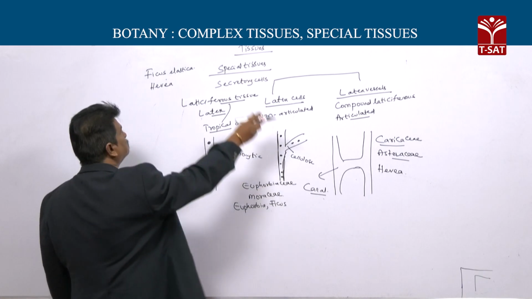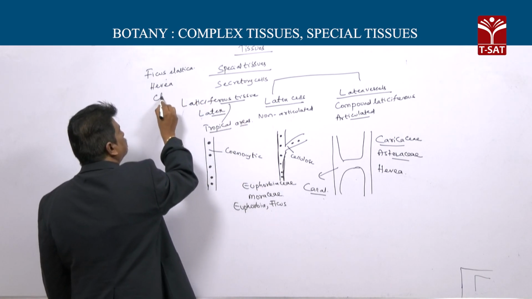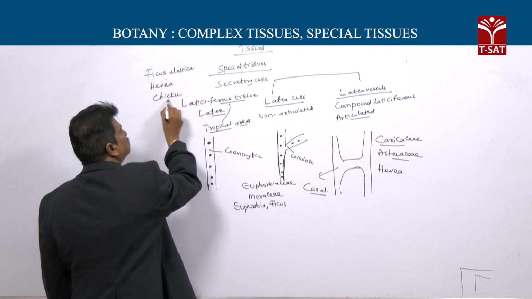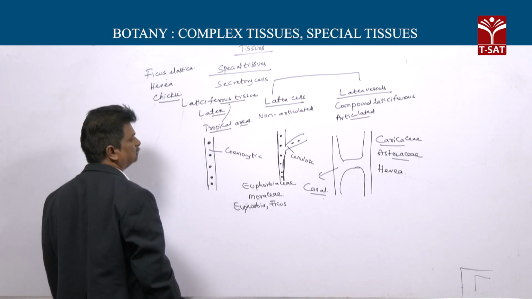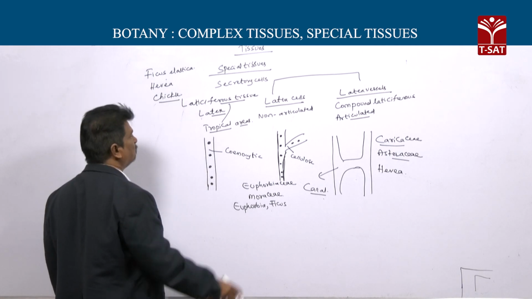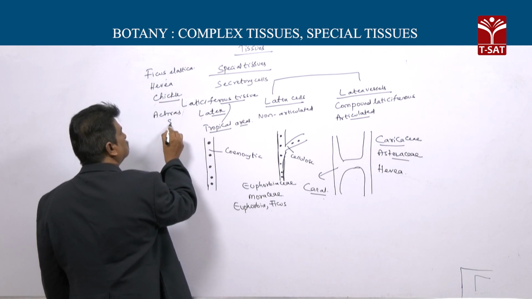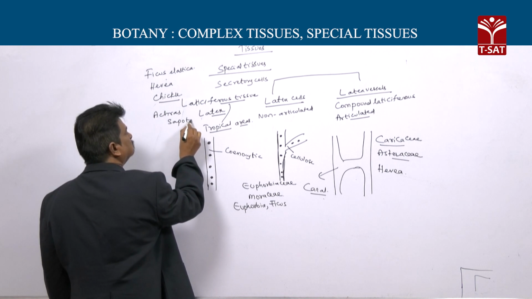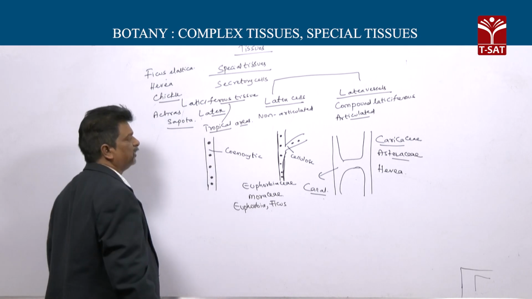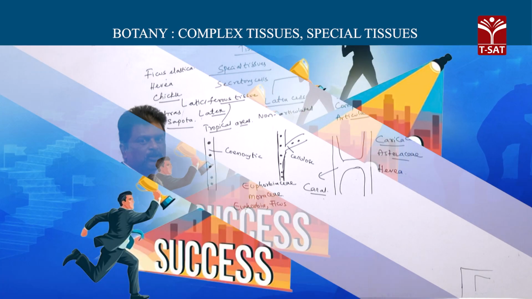In some plants, chicle is obtained from the latex of Achras sapota. It is used in making chewing gums.